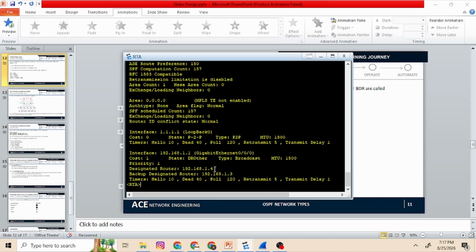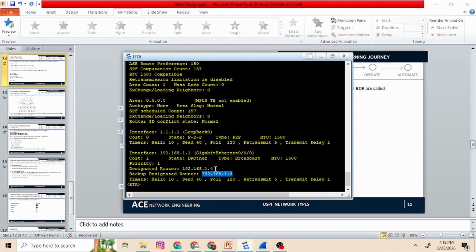We can see the DR is 192.168.1.4. That is router number 4, which has 4.4.4.4. It is the DR. And this one, which is 3.3.3.3, is the BDR.